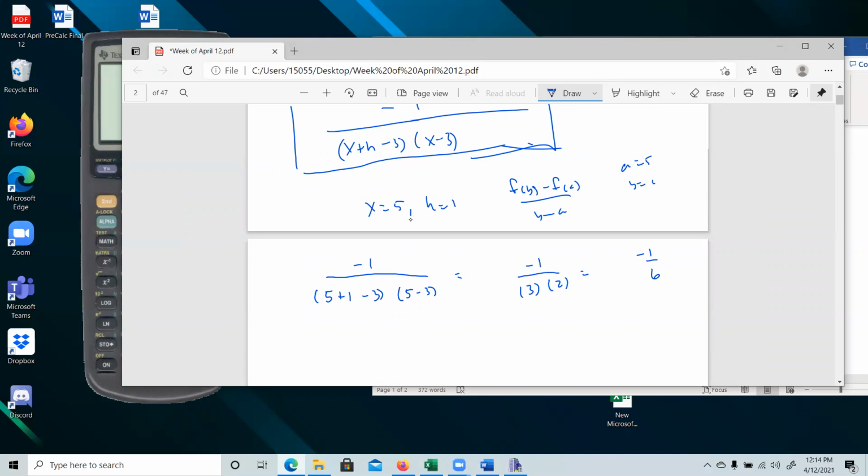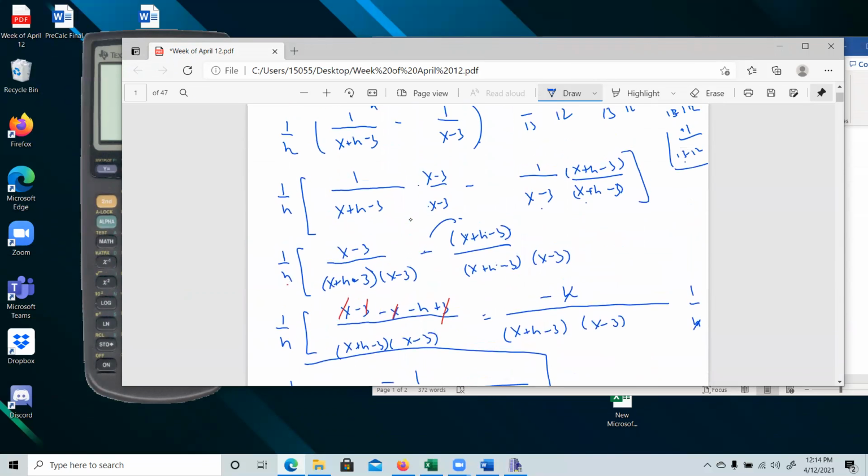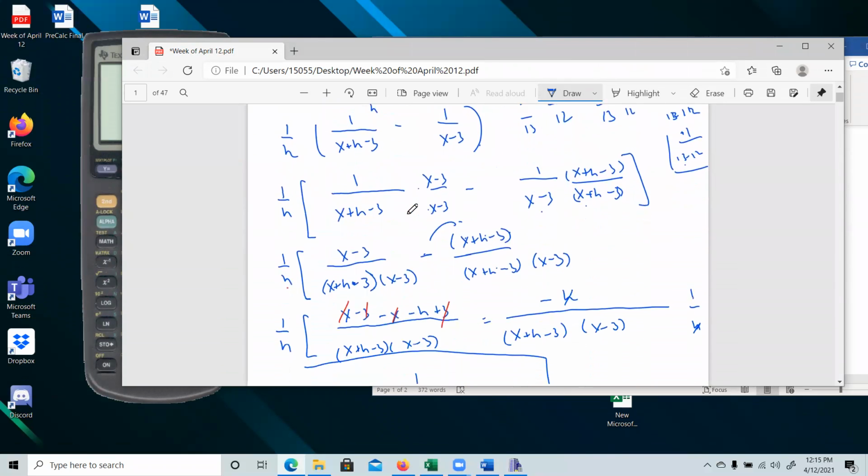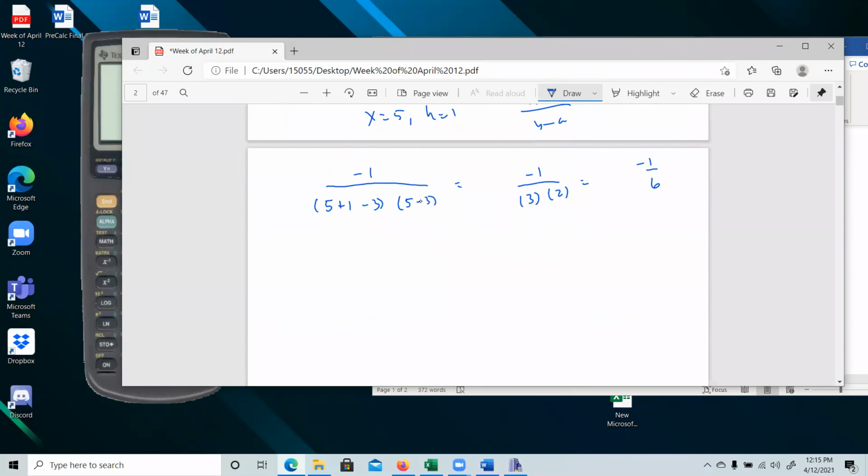Now, let's check this out. We have to go back to the original function, which was 1 over x minus 3. We want to do f of b minus f of a divided by b minus a. So here we go. Okay, I'll do the hard part. Not really. This was 1 over 6 minus 3 minus 1 over 5 minus 3.